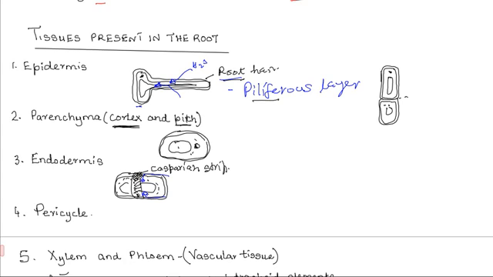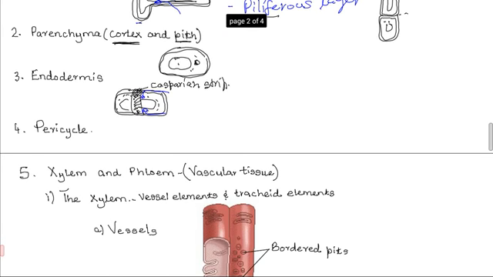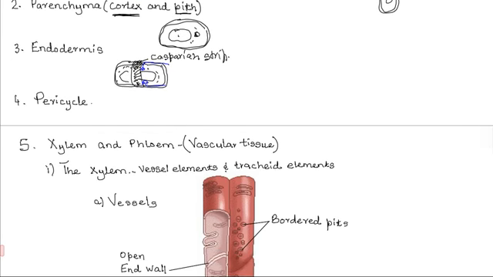So the endodermis plays that dual role of, 1, controlling the amount of water and mineral salts entering into the vascular bundles, and secondly, it also screens out unwanted materials that may be present in the absorbed water, such as the pathogens.